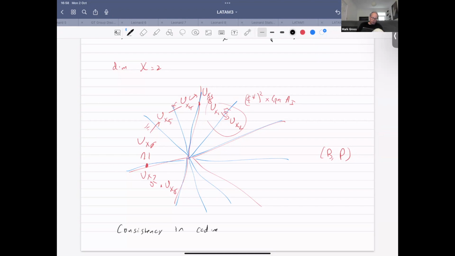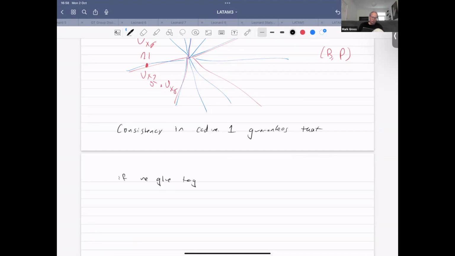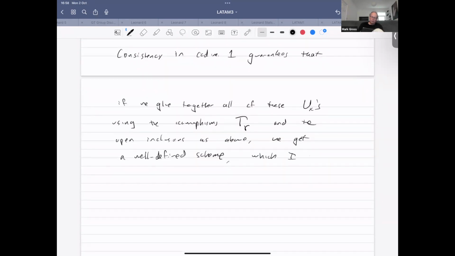Consistency in codimension 1 guarantees that if we glue together all of these UXs using the isomorphisms, E gamma, and the open inclusions above, we get a well-defined scheme, which I'll write as X sub I, D, circ.